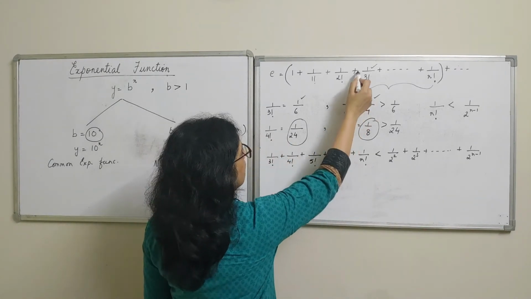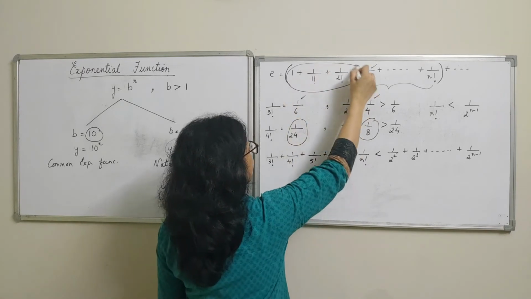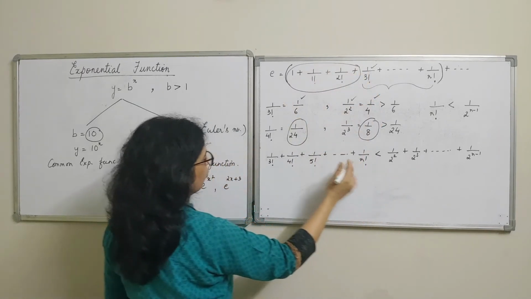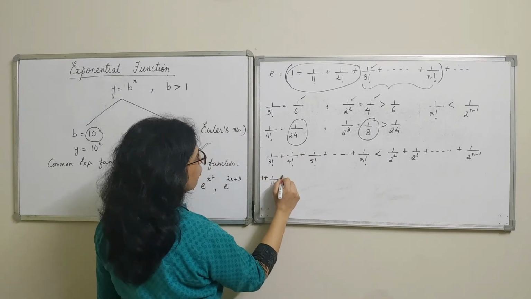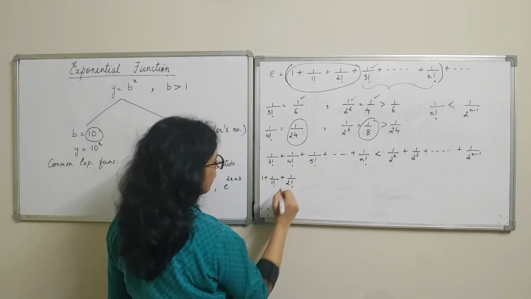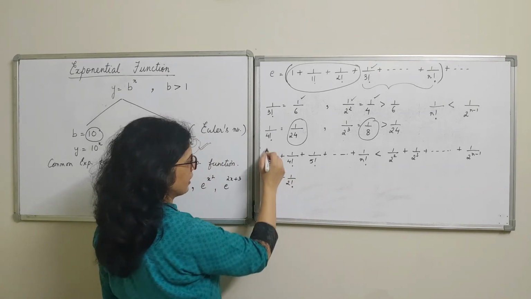Since we started from here, let us add these many terms on both sides of the inequality. So we are adding 1 plus 1 upon 1 factorial plus 1 upon 2 factorial. This is what we are adding on both sides.